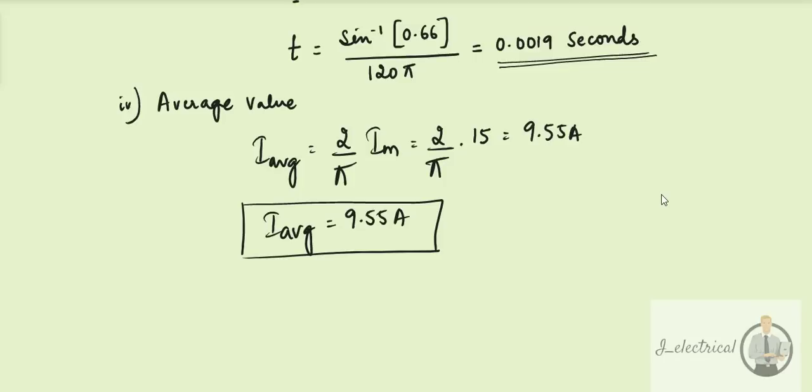I have done the problems for current parameters. The same thing can be applied for voltage parameters without any change. Only thing is, whenever you are doing calculations for current, you need to use the alphabet I, whereas for voltage, you use V or E. It depends on the author.